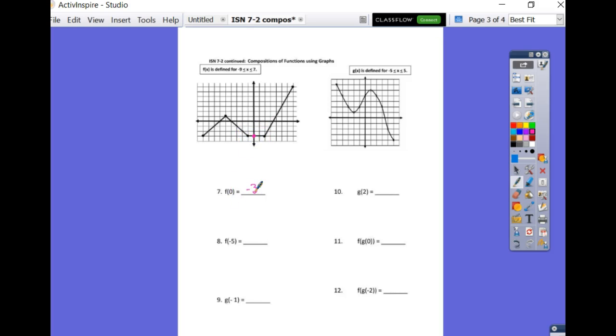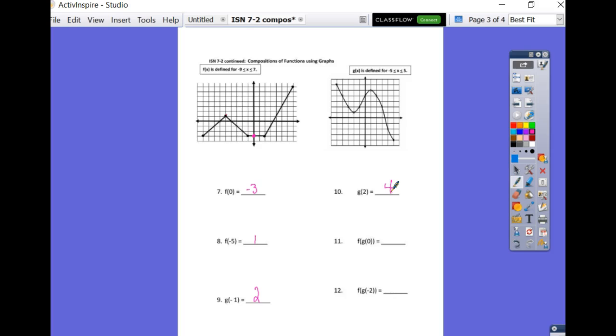Negative 3. So if the x is negative 5, then my output is 1. So g of negative 1, the output is 2. G of 2 is 4.